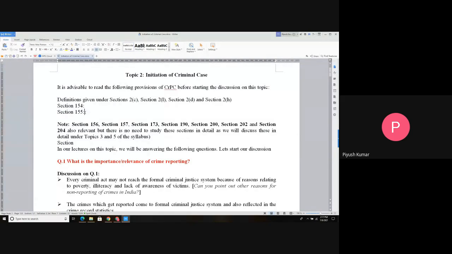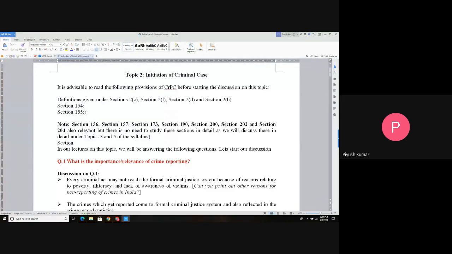You may also have a brief idea for now, not a complete clarity, about some other provisions like section 156, 157, 173, 190, section 200, 202 and 204.